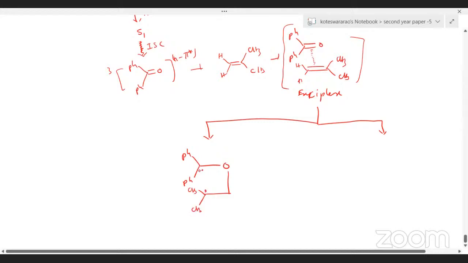Here the radical and the benzyl radicals. Right. And another one, look here. The benzyl radical is common in both cases because, as already explained, this radical is more stable than the radical present on oxygen. Okay.